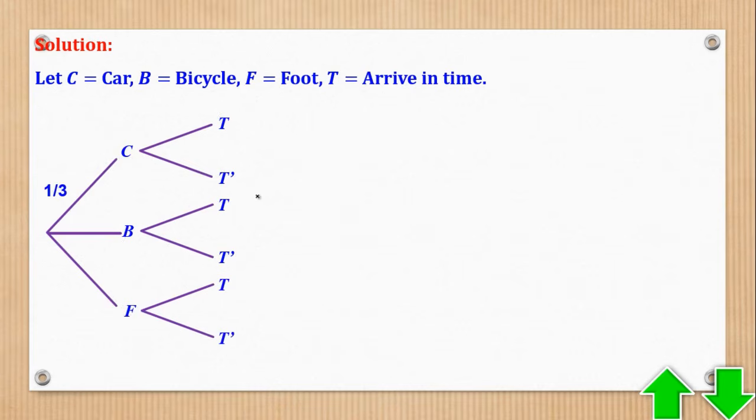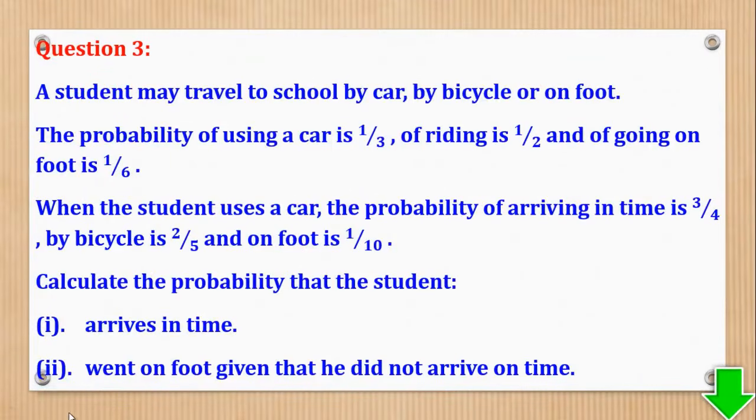So we are given the question: the probability of using a car is 1/3, bicycle is 1/2, and foot is 1/6. So that's what you shall write here.